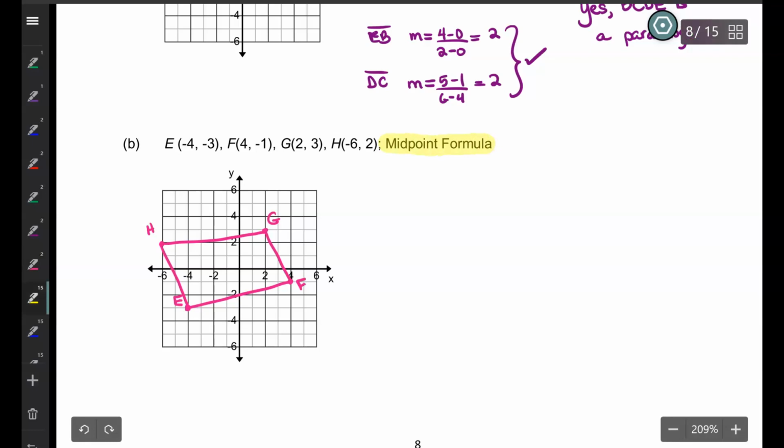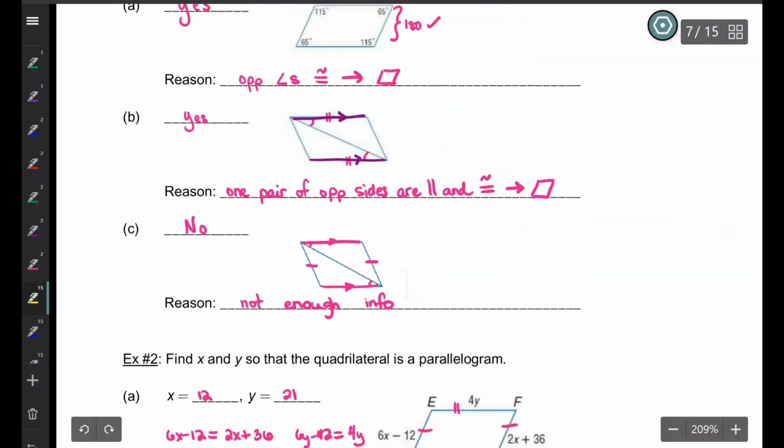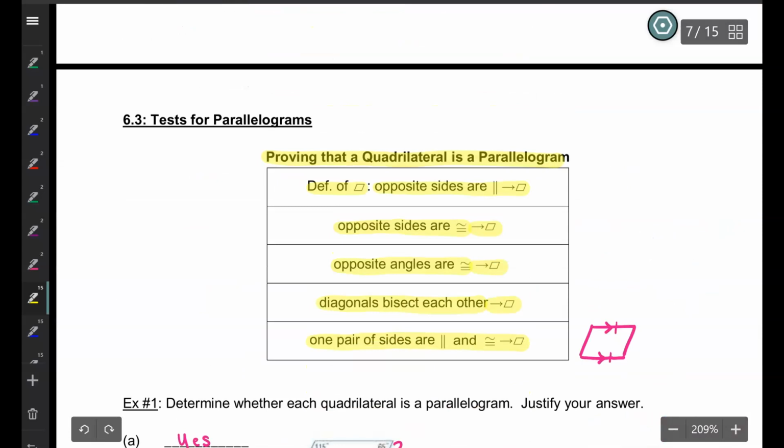And so now it says midpoint formula. So we don't want to find the midpoint of the sides, but if you remember, one of our theorems was diagonals bisecting each other.